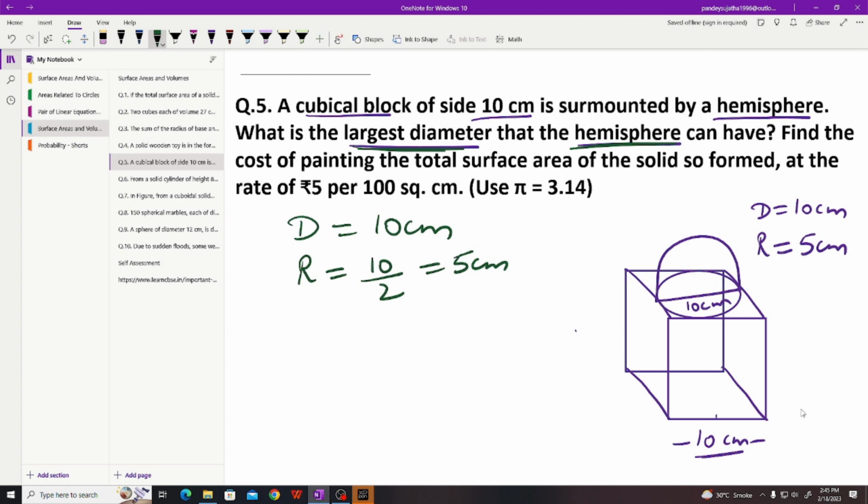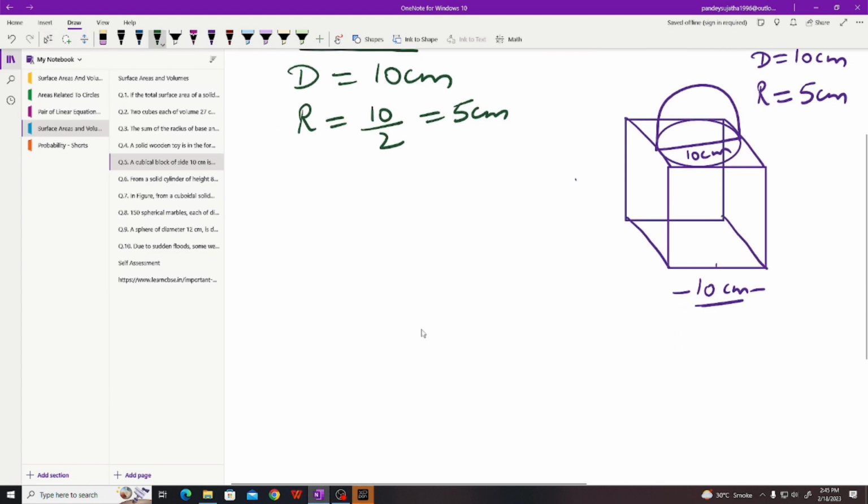Now the next question is, find the cost of painting the total surface area of the solid so formed at the rate of rupees 5 per 100 square centimeter. So to find the cost, we need to find the total surface area of the solid so formed.